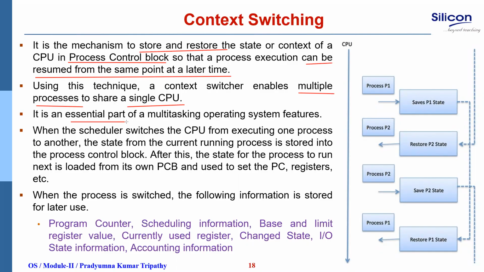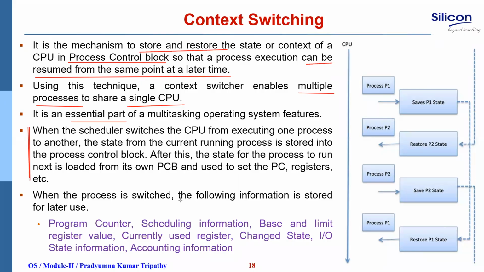When the scheduler switches the CPU from executing one process to another, the state of the current running process is stored into the process control block. After this, the state of the process to run next is loaded from its own PCB and used to set the PC register, etc. This is the summary of what the context switch does.